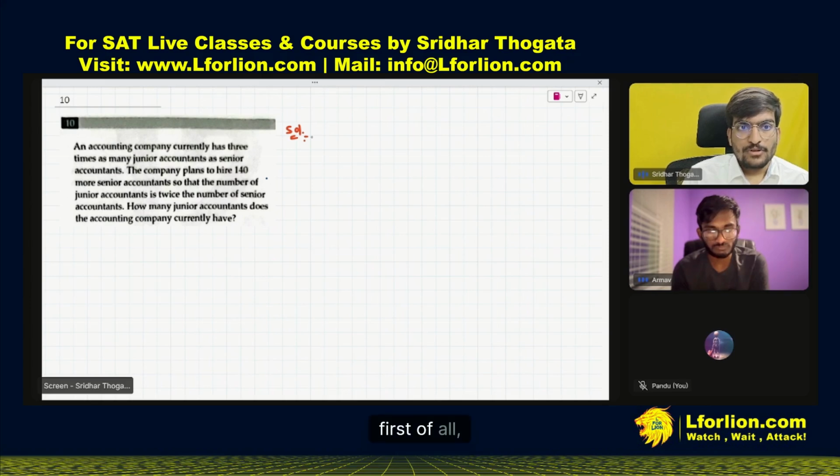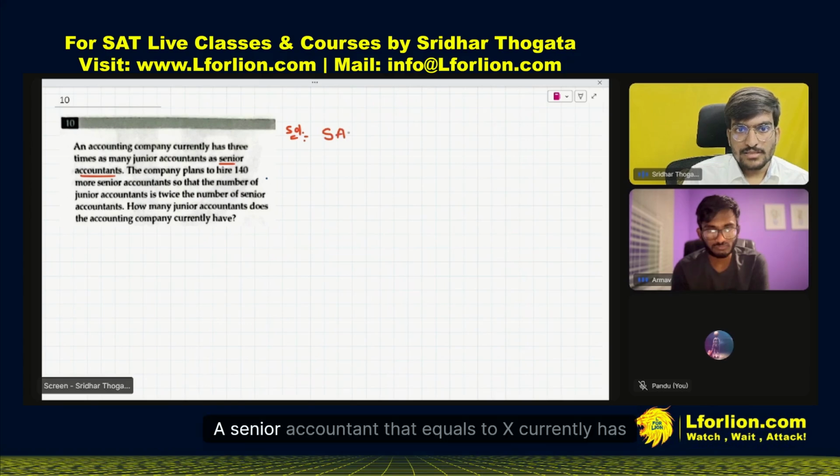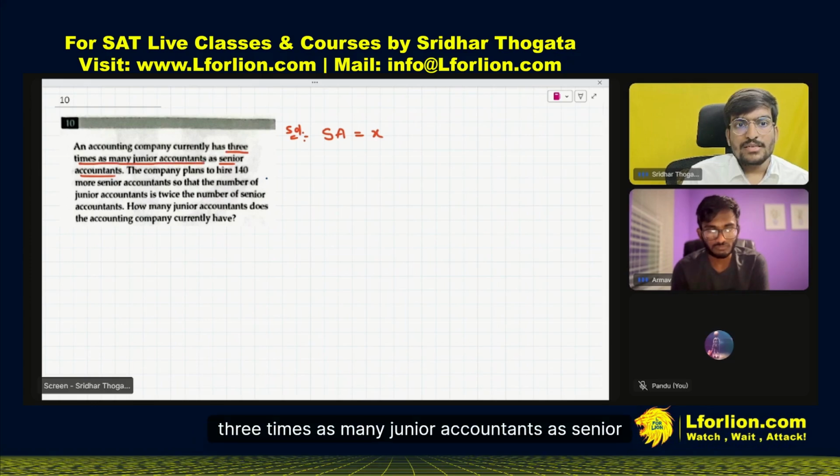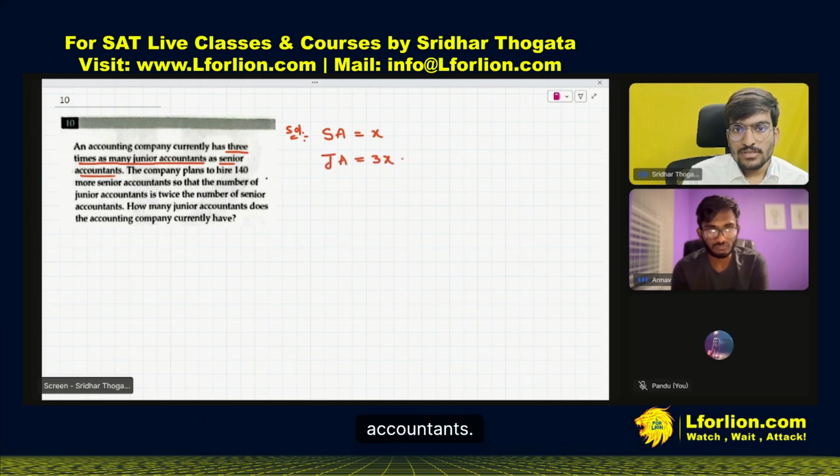Let's see. First of all, let's break this sentence. Senior accountants, we don't know. I'll just write SA, senior accountants, equals X. Currently has 3 times as many junior accountants as senior accountants. What does that mean? Junior accountants equals 3 times senior accountants.